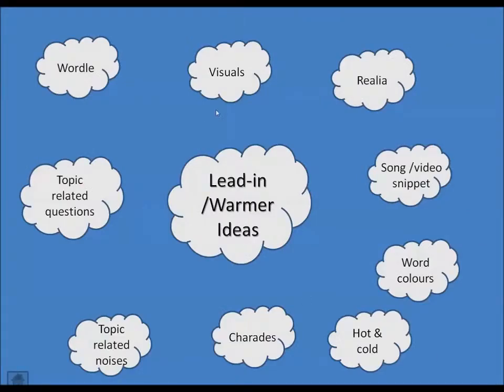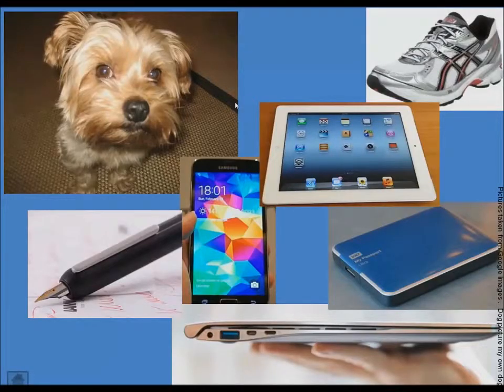Let's go back and then let's look at visuals, for example. Now, you can show them visuals of things that are part of the topic in general, not necessarily in the text.